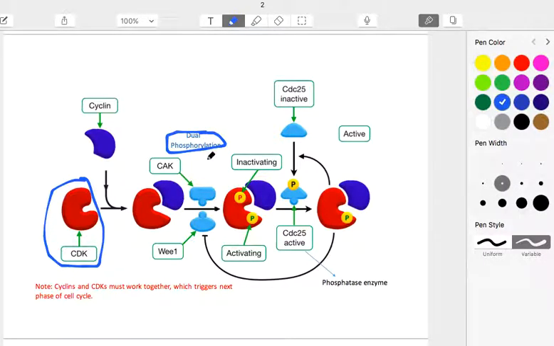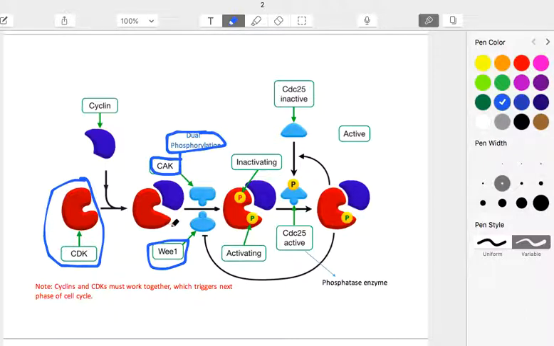Dual phosphorylation. There are two kinds of kinase: CAK and V1. What is CAK? CDK activating kinases are called CAKs. These CAKs phosphorylate CDK, and V1 also phosphorylates CDK.